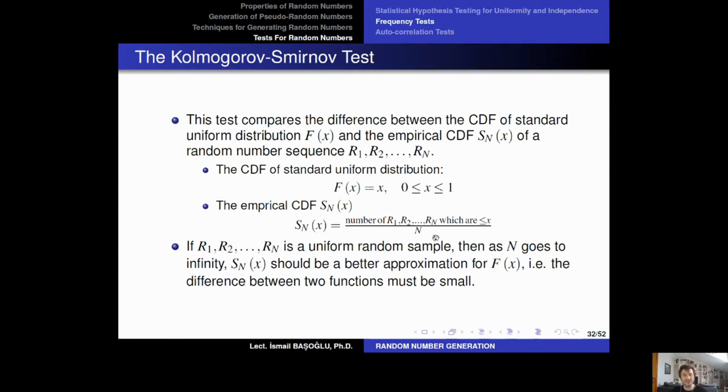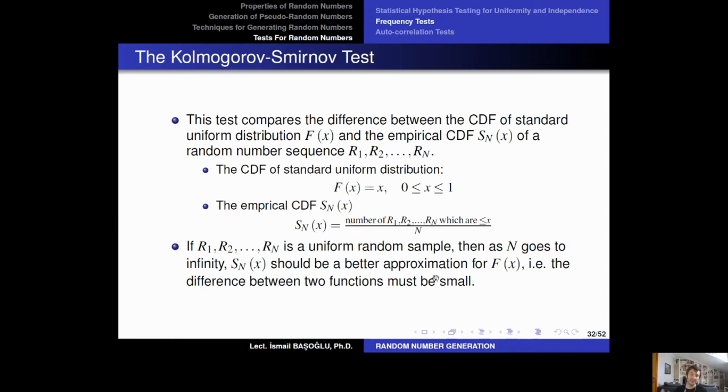It is a very, very simple definition. The empirical CDF at x means the number of random numbers in the sequence which are less than or equal to x, divided by the total number of random numbers. So Sn of x is the ratio of the random numbers that are less than or equal to x in the whole sample.